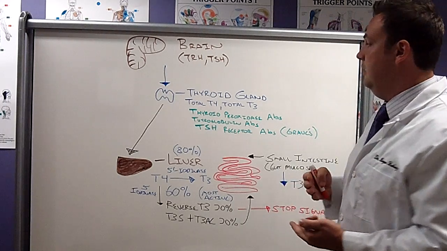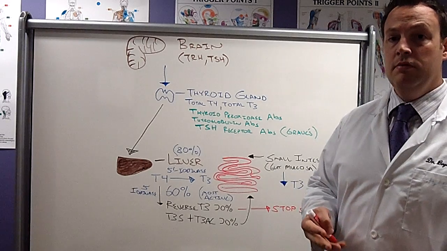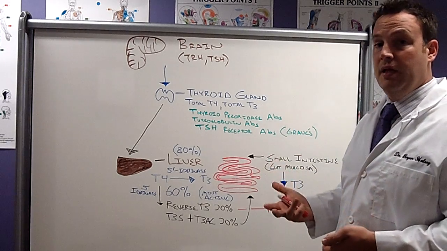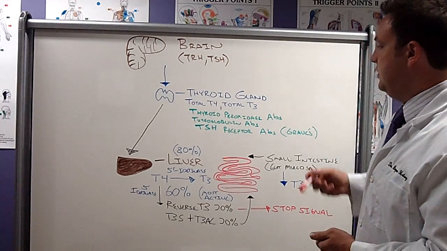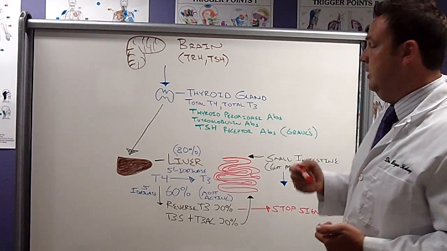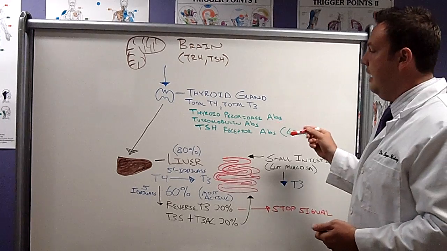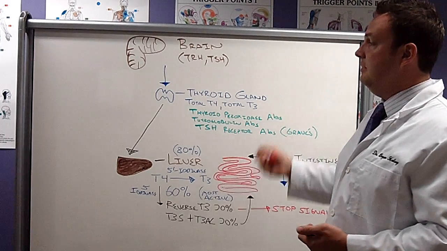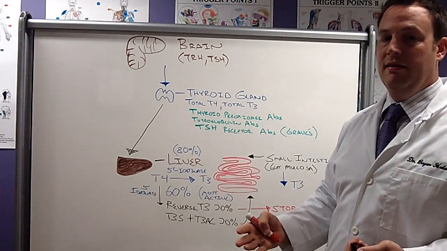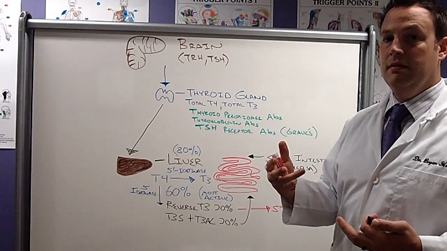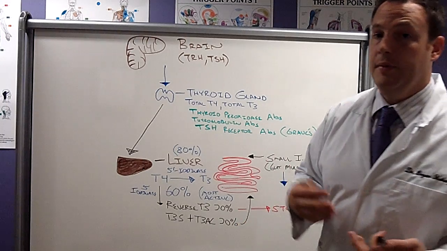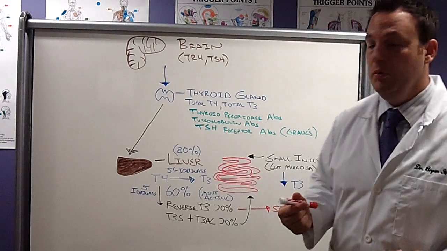So this could be a reason of concern because of autoimmune disease, and this is the most common autoimmune condition, or a low-functioning thyroid. So with the thyroid peroxidase antibodies, if those are positive, the body's attacking the thyroid peroxidase enzyme, so we're not able to produce as much thyroid hormone.